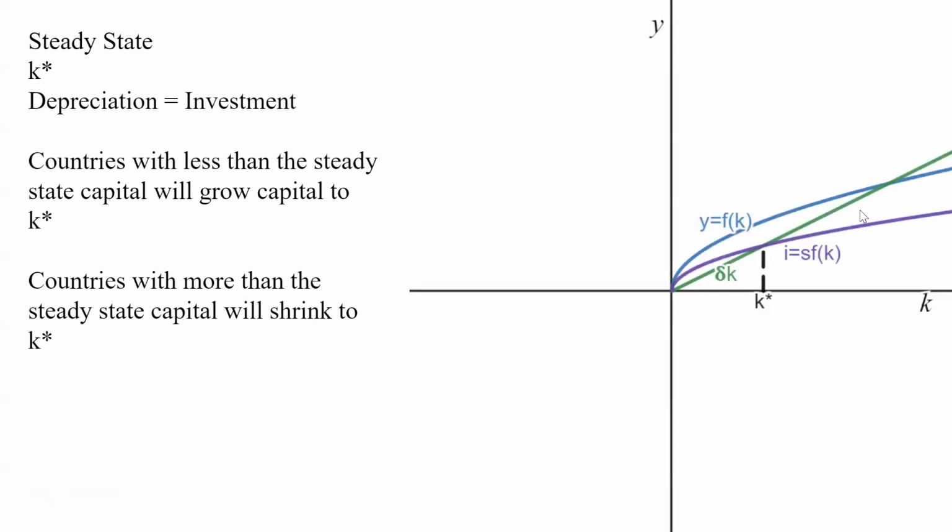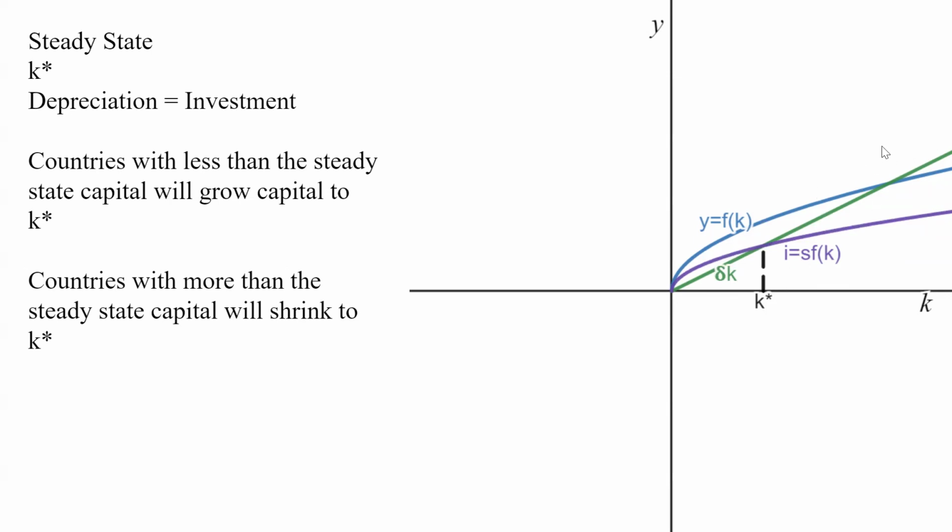What we've got here is the blue curve, which is really our production function, kind of, and the investment curve, I, equal to the savings rate times a function of capital per worker.